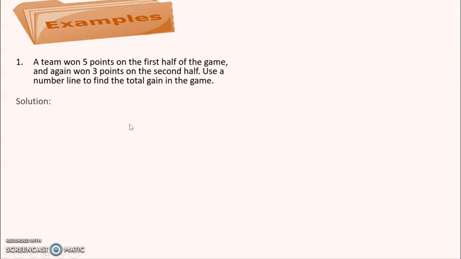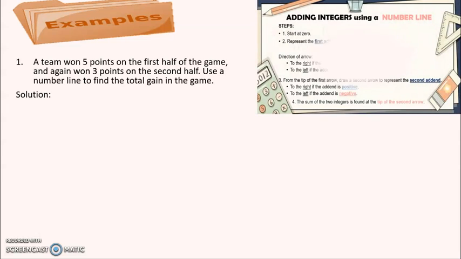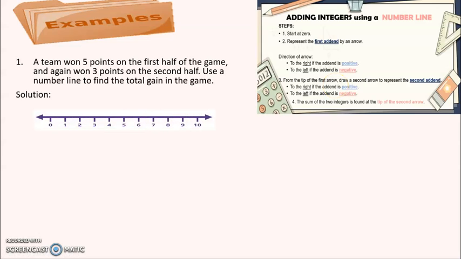Okay, so by doing this, our solution is we have to make a number line using these steps. Addition of integers using a number line. Okay, so ari ato yung number line. Now, notice, sa number line usually, ang 0, ara na siya sa tunga. And to the right of 0, that is positive, and to the left of 0, that is negative. However, as you can see, ang ato yung given is gain. Di ba? Gain 5 points, gain 3 points.